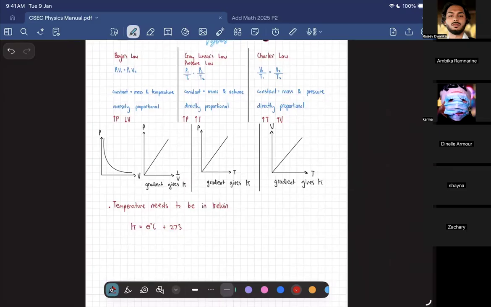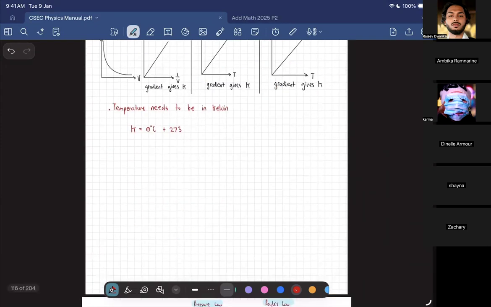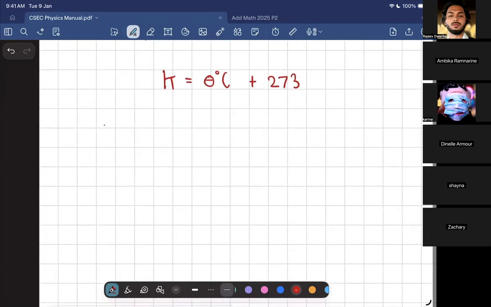The only other thing that you should know is the combined gas law. I don't really see it coming often, but you do need to know it. As its name suggests, it says combined. When you hear the word combined, what do you think of? Altogether, right? Combined gas law.